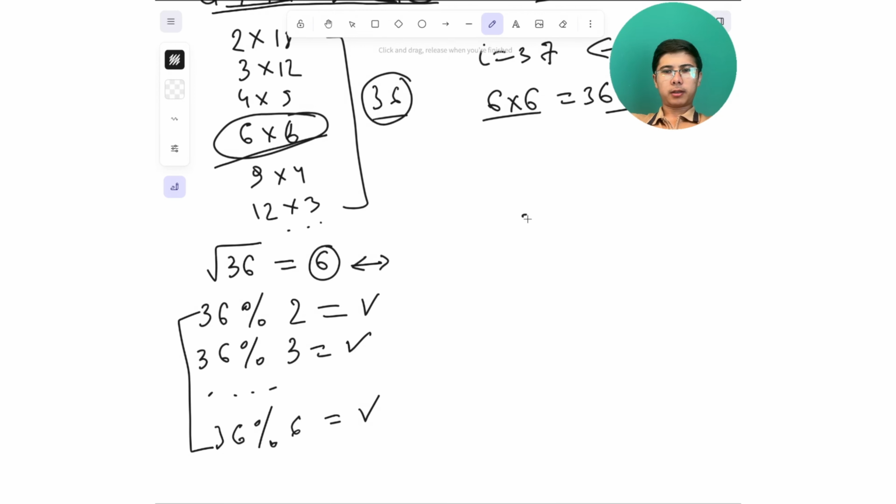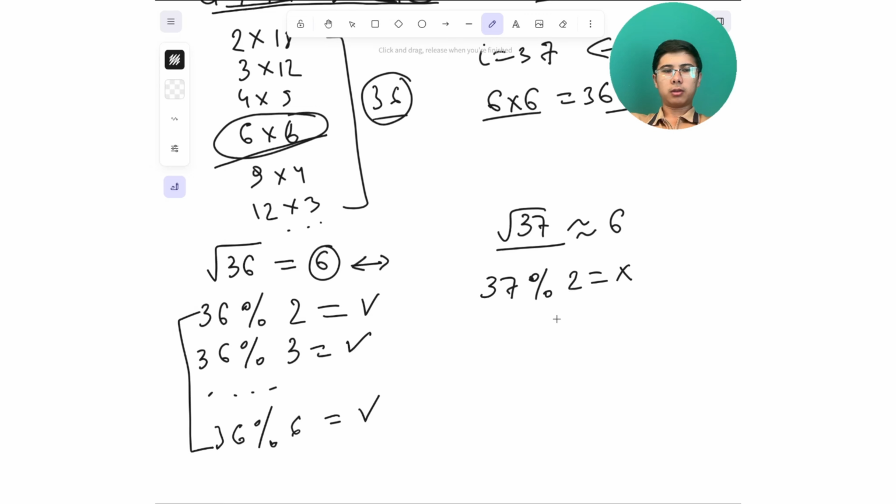Another example is 37, which is a prime number, as we said. The approximate square root is also 6. We check only these steps, which are again 37 modulo 2. Is it divisible or not?